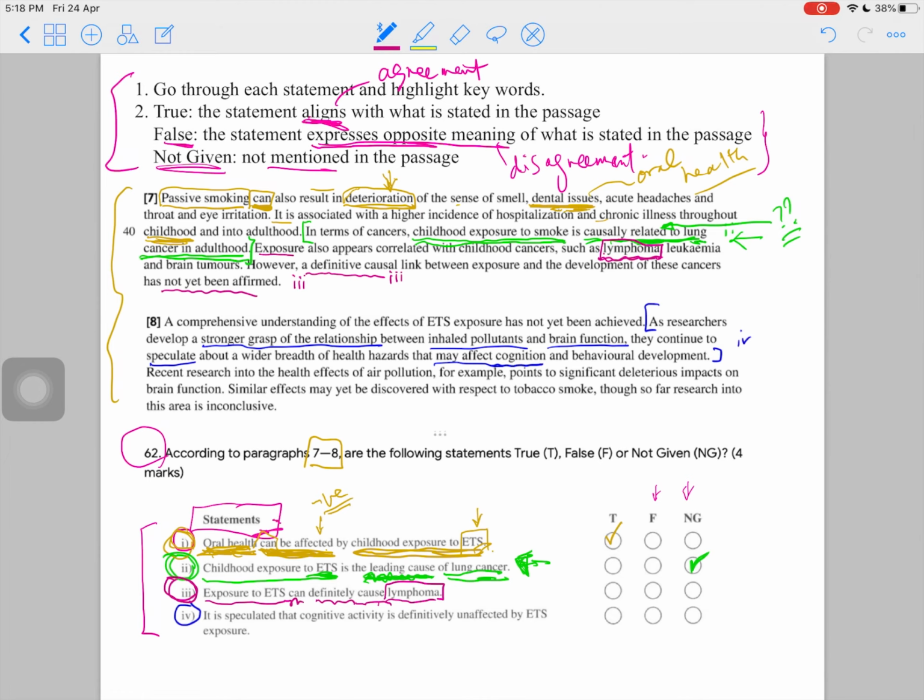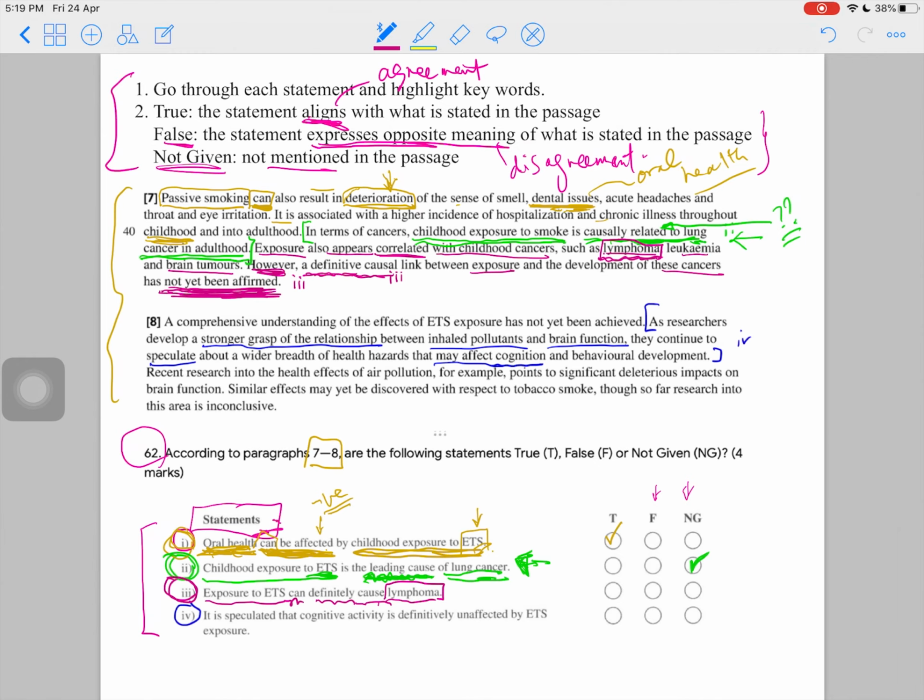So if you look, exposure also appears correlated with childhood cancers such as lymphoma, leukemia, brain tumors. However, okay, please read on. However, a definitive causal link between exposure and these cancers has not yet been confirmed or not yet been affirmed.